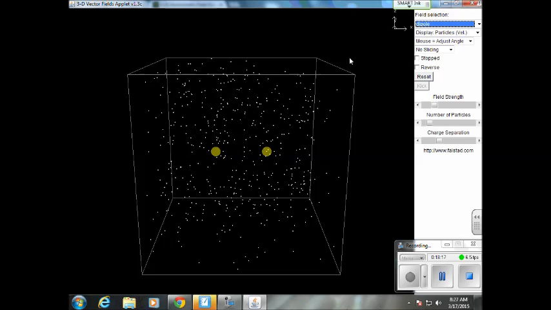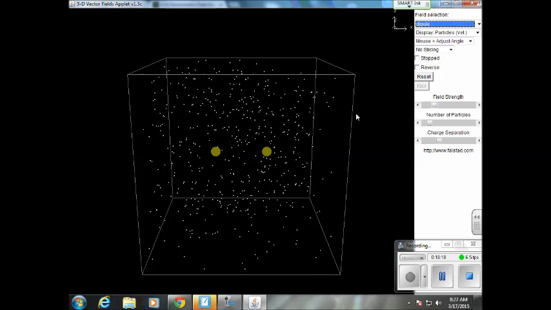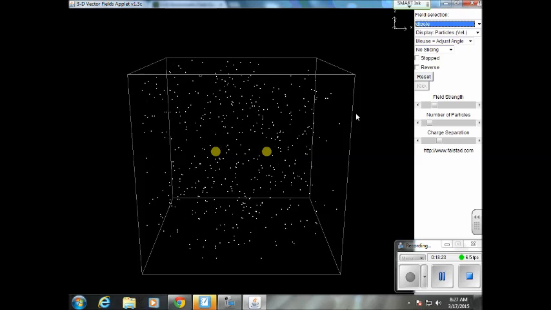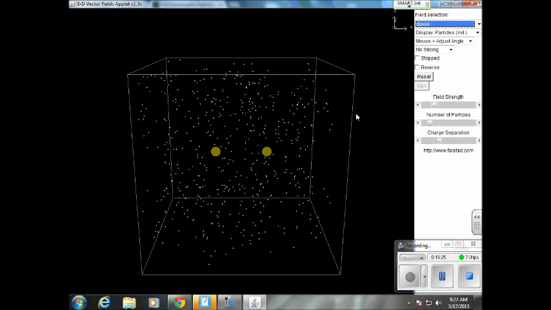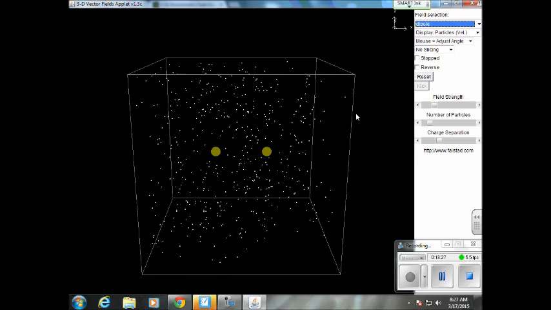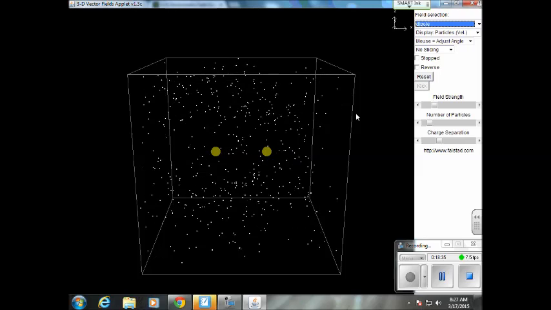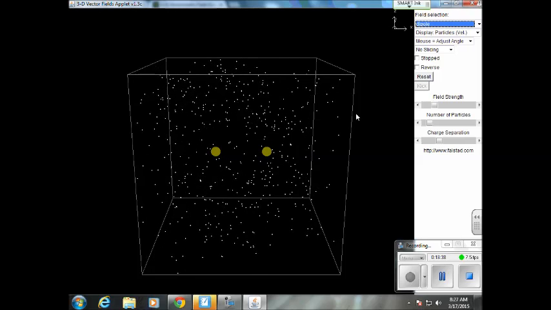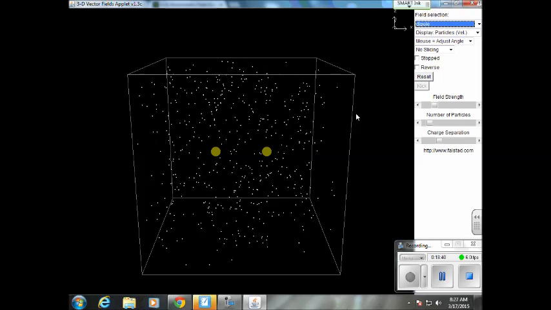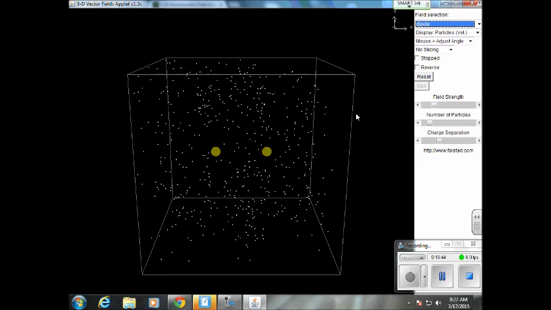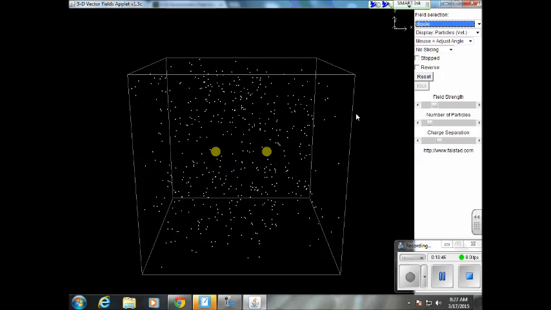And this motion of particles, each one of these little white dots is like a positive charge. Can you identify on this simulation which one of these two charges is the positive charge and which one is the negative charge? The one on the right is negative. Why is that? Because it's pulling in, and the one on the left is positive because they're getting pushed out. Can I draw on this? Nope.